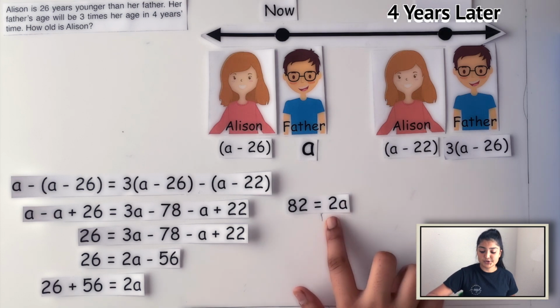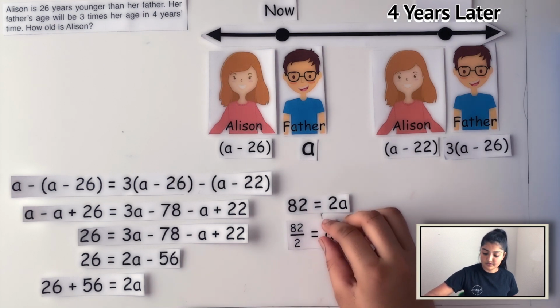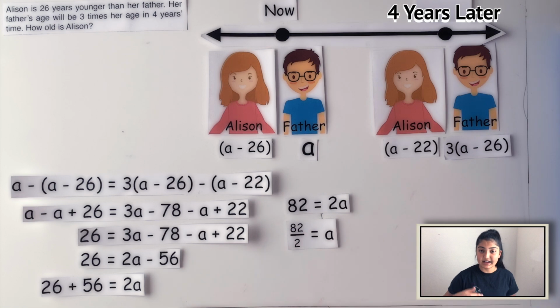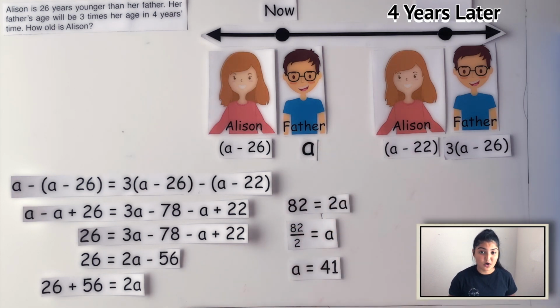And if we take 2 on the left side of the equation, 82 over 2 is equal to A. Now, let's simplify. This gives us A is equal to 41. So now, we know that her father is 41 years old.